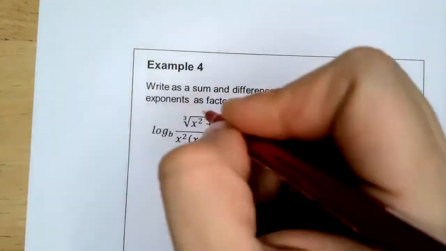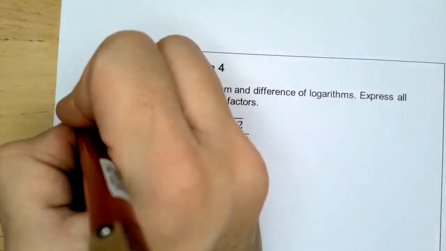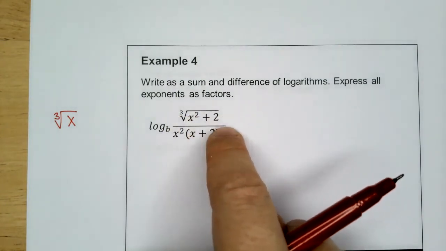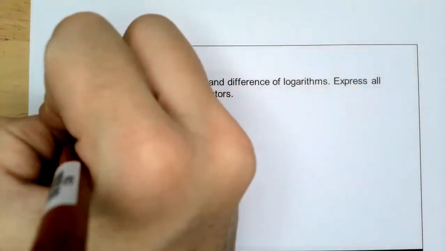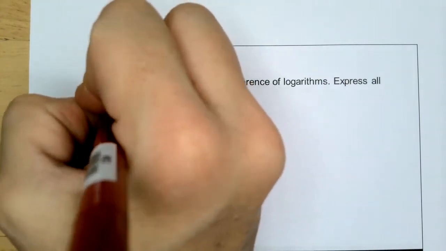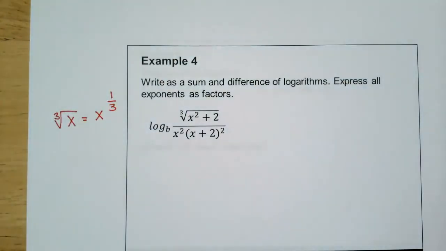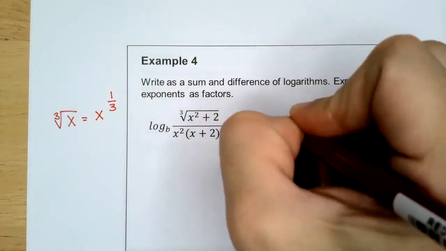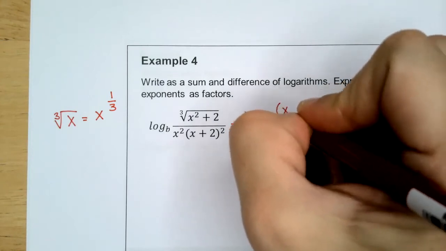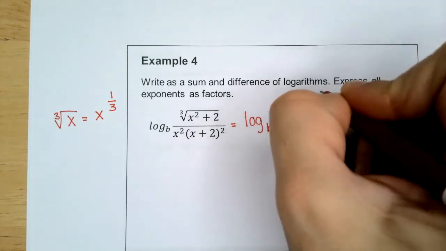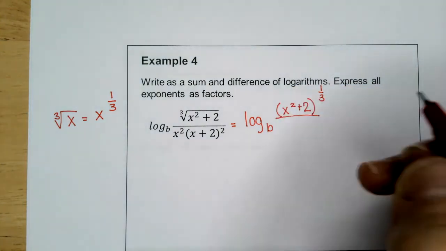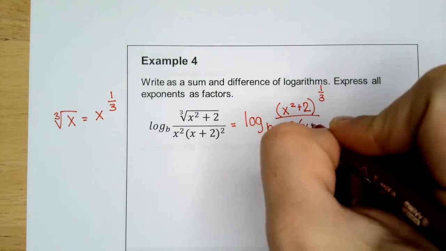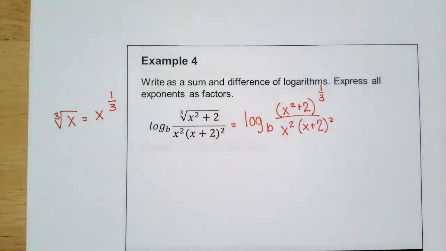The first thing I want to remember is that the cubed root of x to the first, so the whole thing is x to the first, can become x to the 1/3, right? Okay, so I'm going to rewrite it like that. So I'm going to say it's log base b of x squared plus 2 to the 1/3 power divided by x squared times x plus 2 squared.